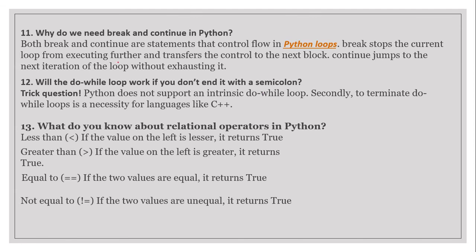Why do we need break and continue in Python? Both break and continue statements control the flow in Python loops. Break stops the current loop from executing further and transfers the control to the next block. Continue jumps to the next iteration of the loop without exhausting it.